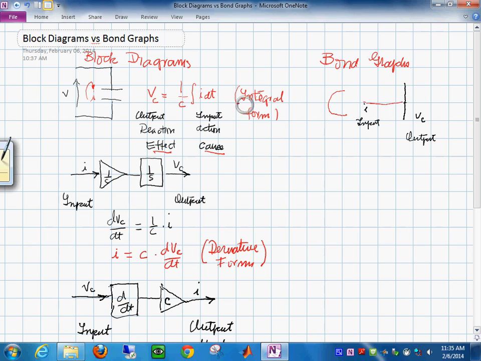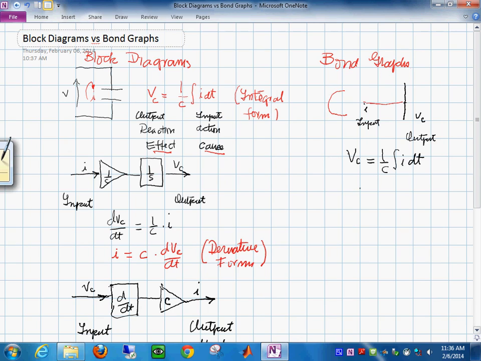This is also the integral form, because here we are saying that the voltage V sub C is equal to 1 over C times the integral of I dt.